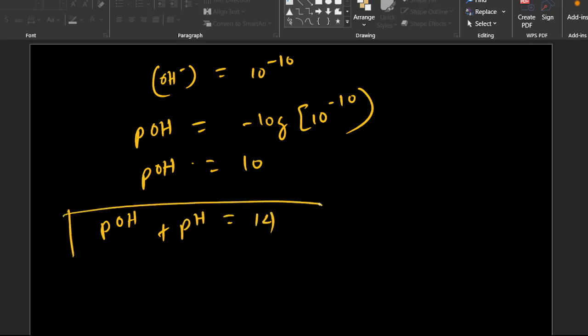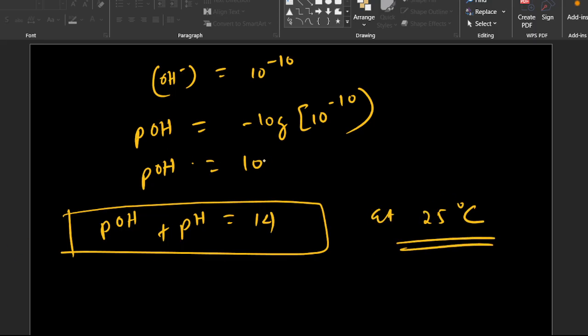This is always at 25 degree centigrade. So if temperature is not mentioned, then assume that it is at 25 degree centigrade, or we can write 298 Kelvin. So we get the pOH, then pH equal to 14 minus pOH.